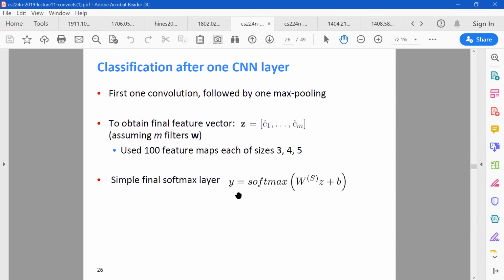Okay, classification after one convolution. So he has one convolution followed by max pooling. We've seen that. Obtain the final feature vector using m filters. Okay, so he used 100 feature maps, each of size 3, 4, 5. I assume that means he's using 100 convolutions of length 3, 100 convolutions of length 4, and 100 of length 5.